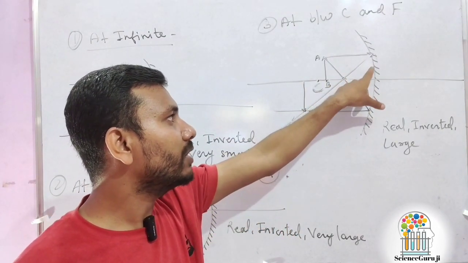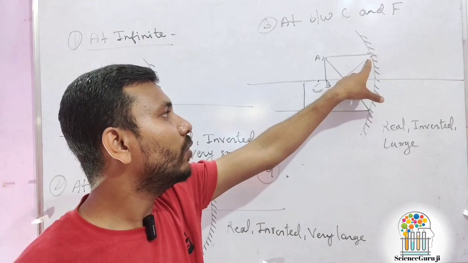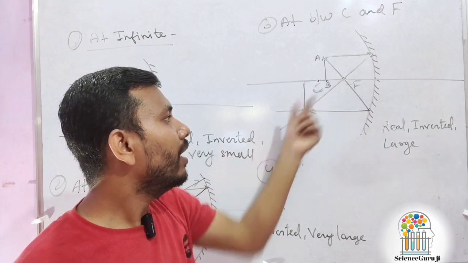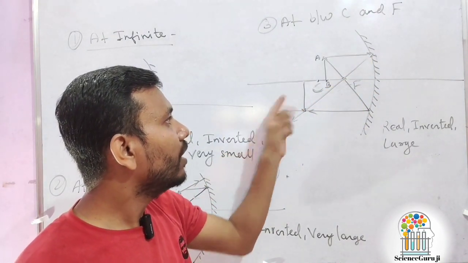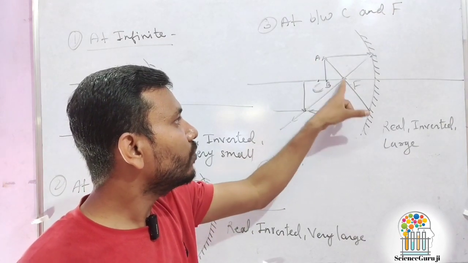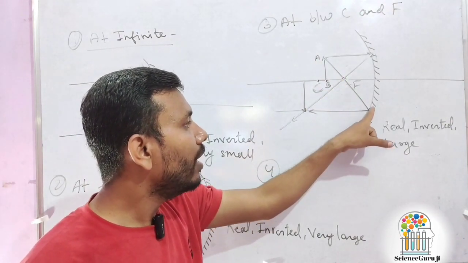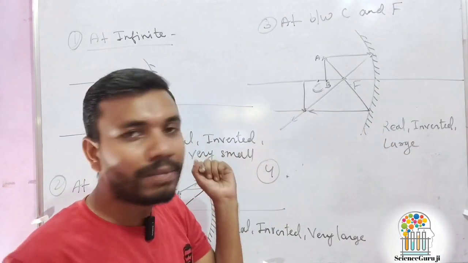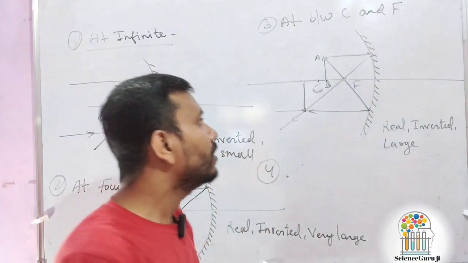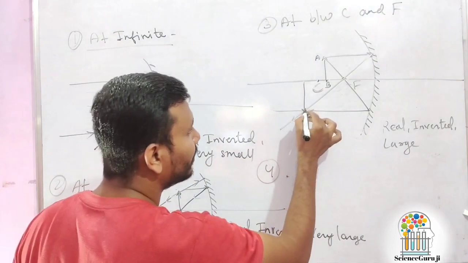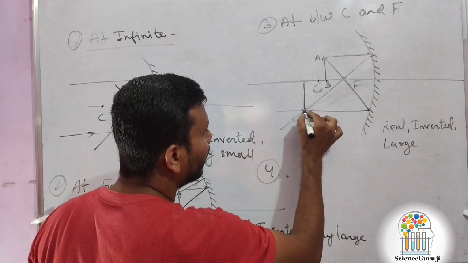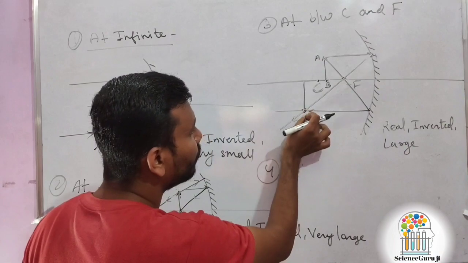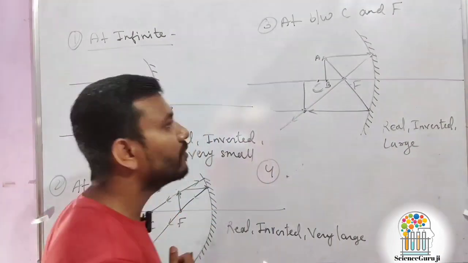After striking the surface, the light beam goes through the focal point, and one light beam goes directly through the focal point and, striking the surface, goes back in the same direction, and these two lines intersect each other at a point, and this is the point where the image gets formed.